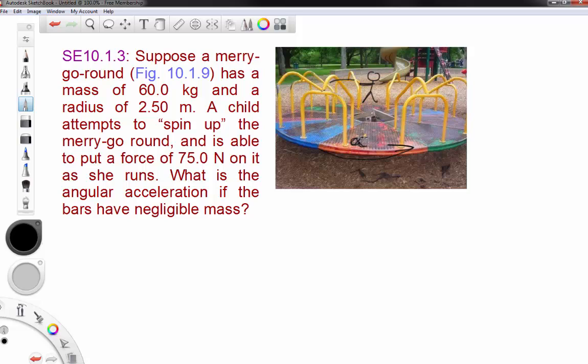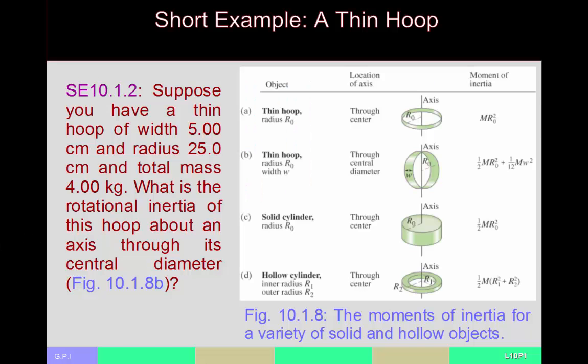So there's going to be some angular acceleration of the merry-go-round as a result of that. These bars have negligible mass, so the merry-go-round itself has a given radius, a given mass, and can basically be treated as the same thing as a solid disk.